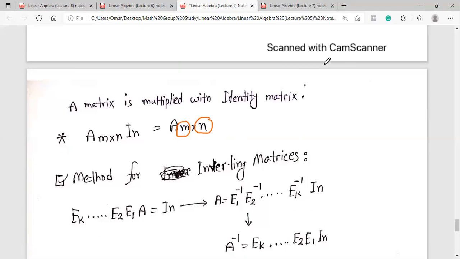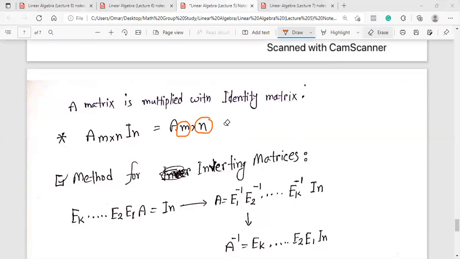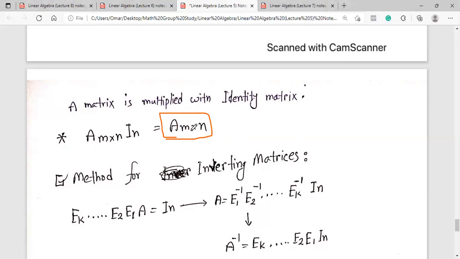So there is an important formula. For example, here is a matrix A with m by n size. If we multiply that matrix with an n-size identity matrix, then we get back that matrix.